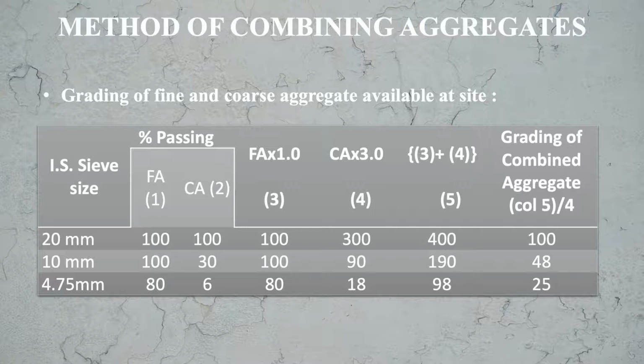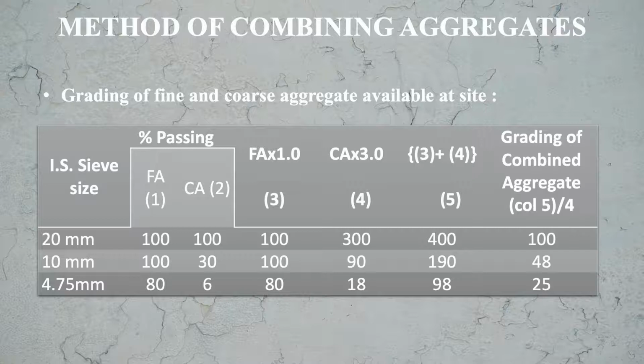Then the sum of column 3 and 4 will give you 100 plus 300, which is 400. And for obtaining the grading of combined aggregate, this column 5 value will be divided by 4. So 400 by 4, it is 100.